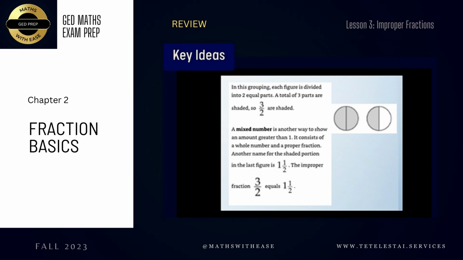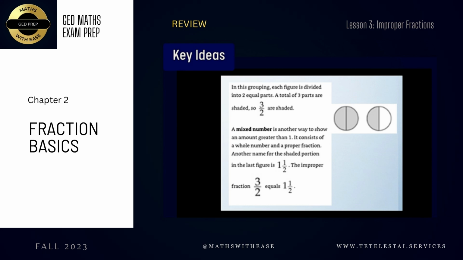So for the pair of circles that we're looking at, each circle is divided into 2 equal parts. And a total of 3 of the parts are shaded. So 1, 2, 3 over 2, with the 2 here representing the whole.